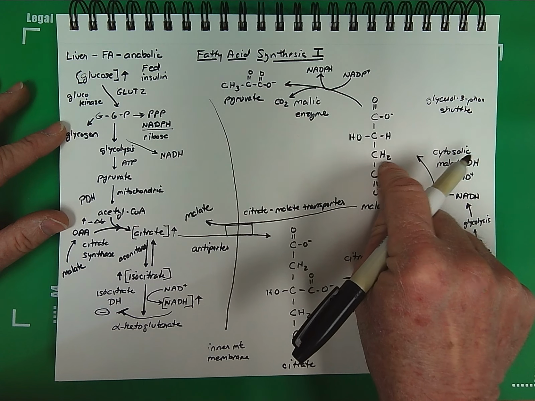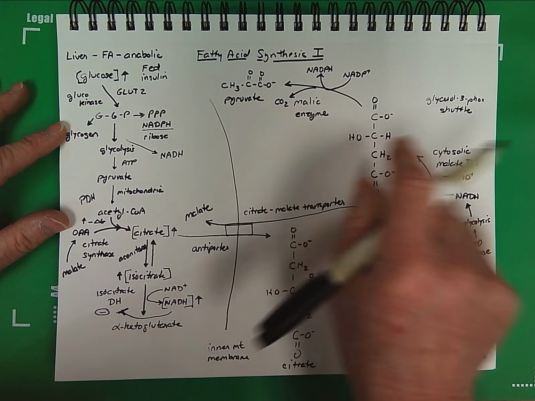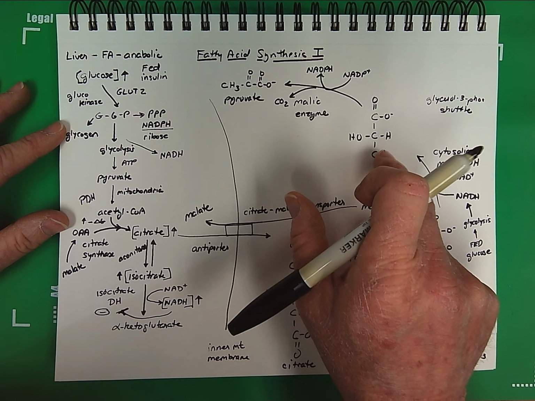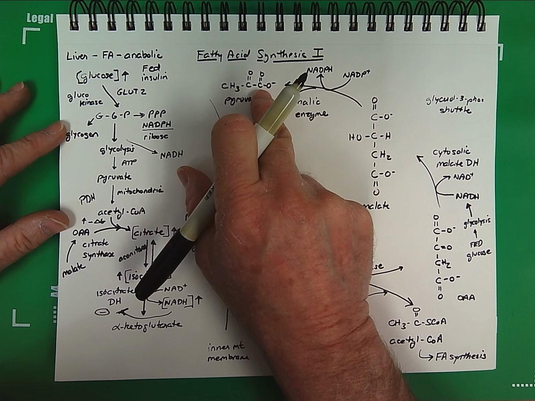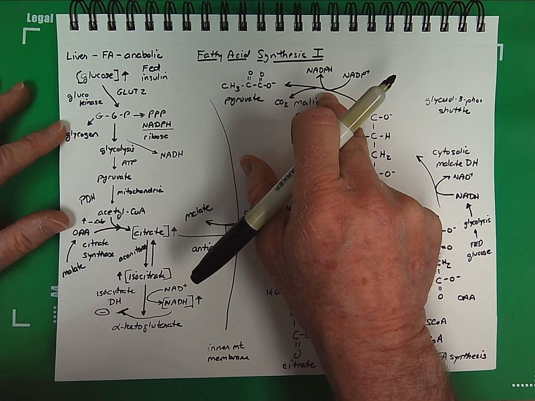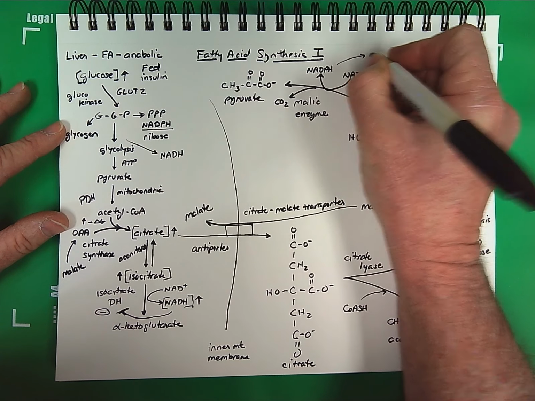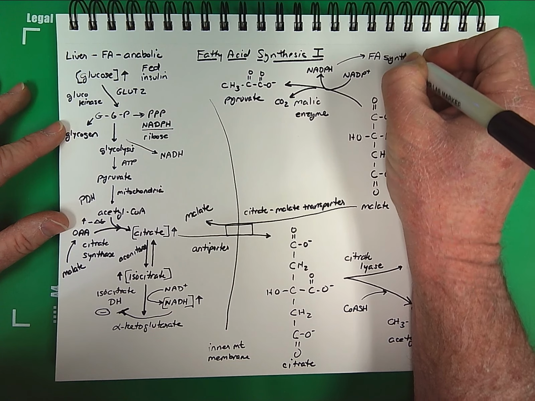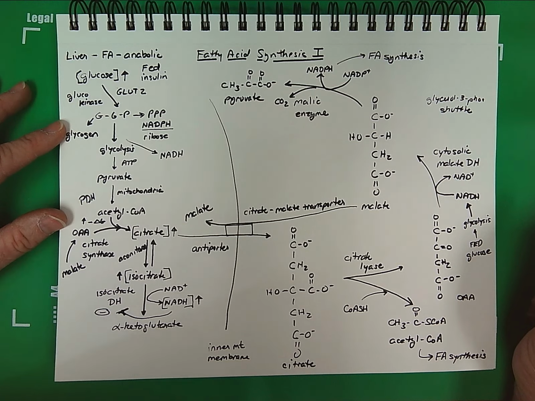We're taking a 4-carbon, generating a 3. Now we are losing energy from this molecule by converting it from a 4-carbon to 3-carbon and losing the CO2, but we are transferring that energy into a different form, and that's the form of NADPH. The NADPH, of course, will be essential for the reactions to generate fatty acids in the reaction sequence of fatty acid synthesis.